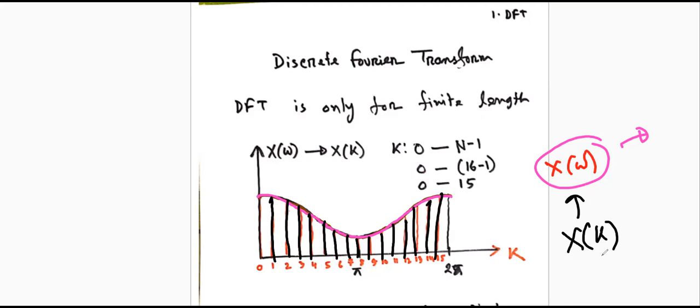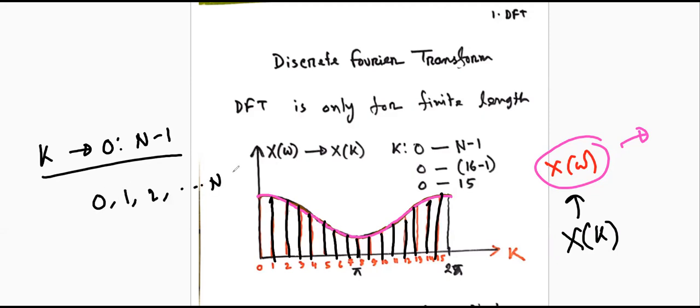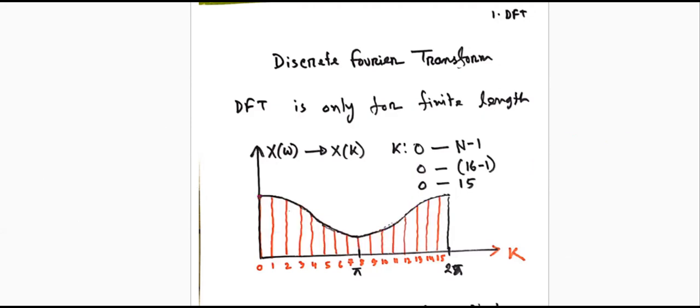Now we are putting this as X(k), where k is a subset of omega, and k is equal to 0 to N minus 1. The values are 0, 1, 2, and so on up to N minus 1. So that is the concept of the discrete Fourier transform.